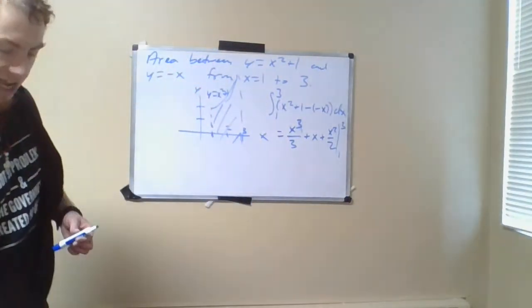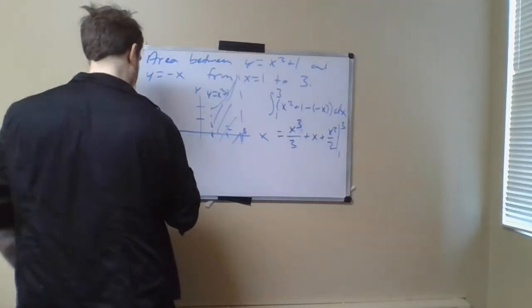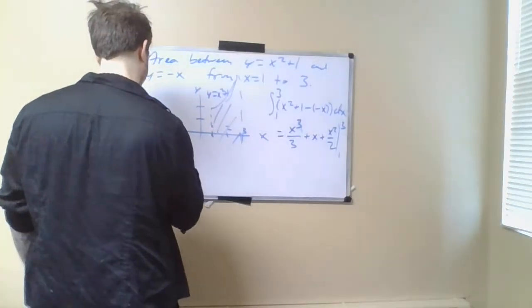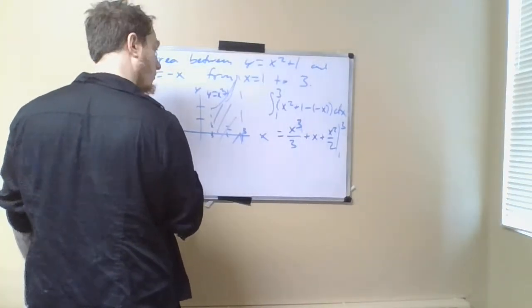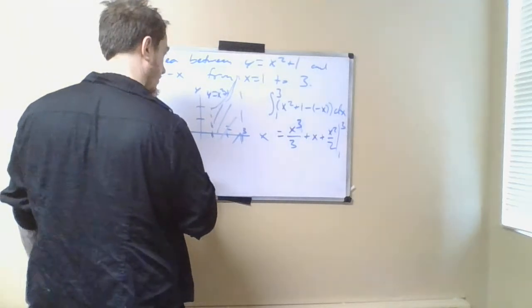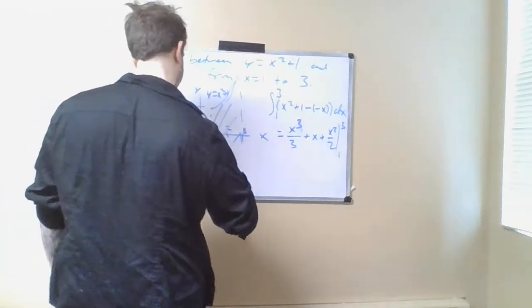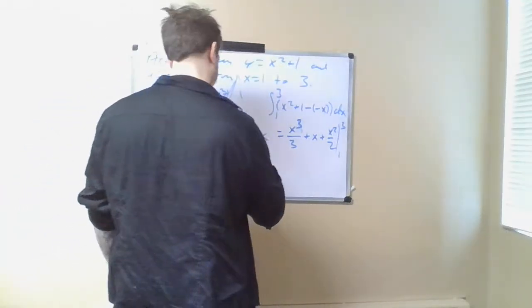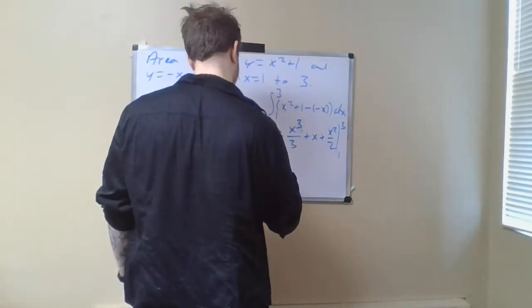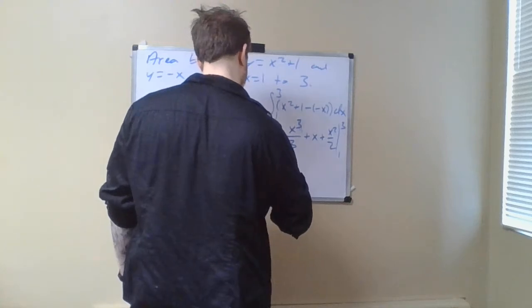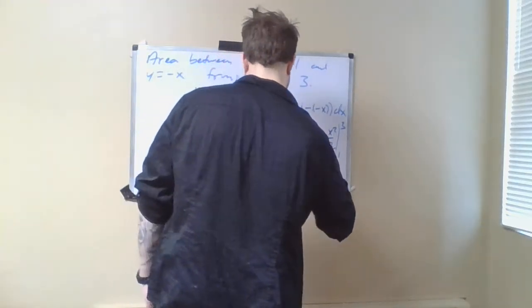So then that's going to be equal to 3 cubed over 3 plus 3 plus 3 squared over 2, minus 1 cubed over 3 plus 1 squared over 2.